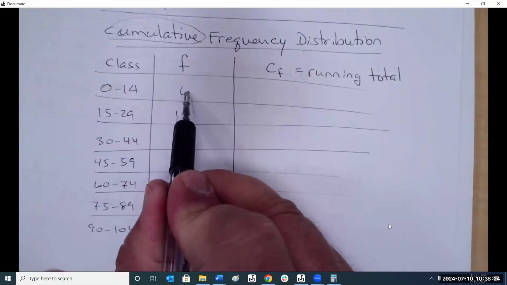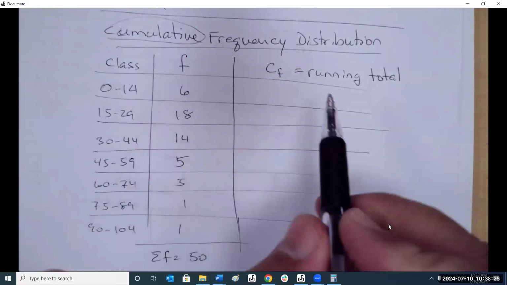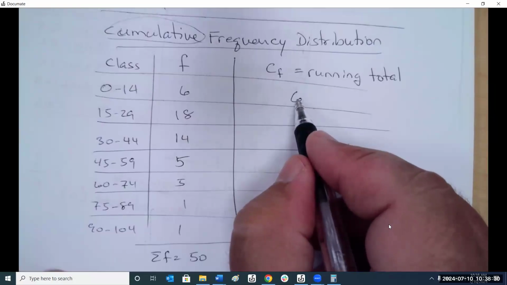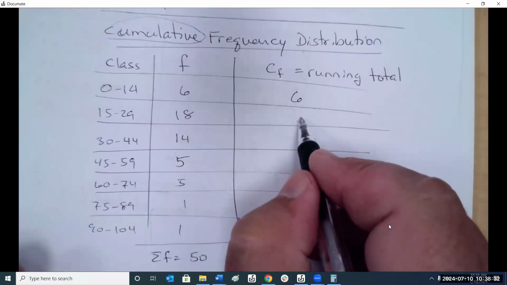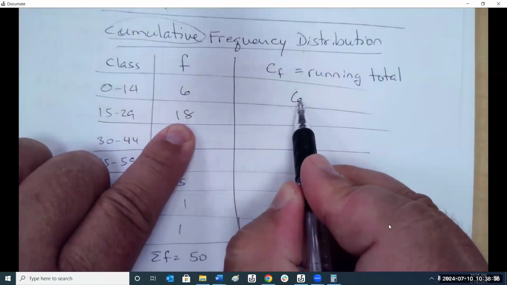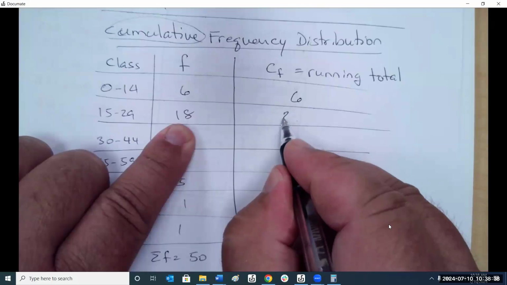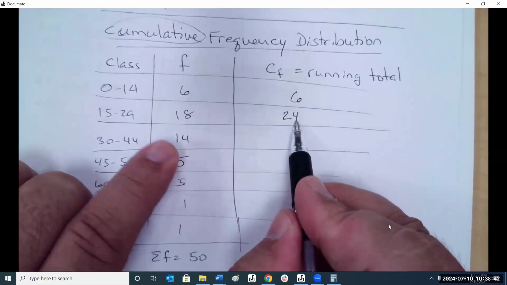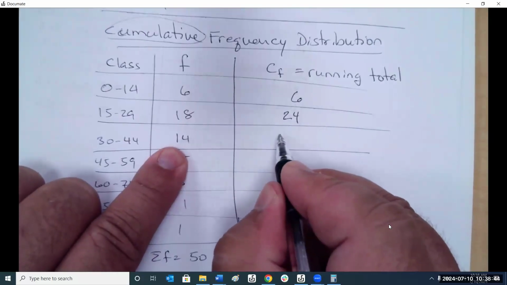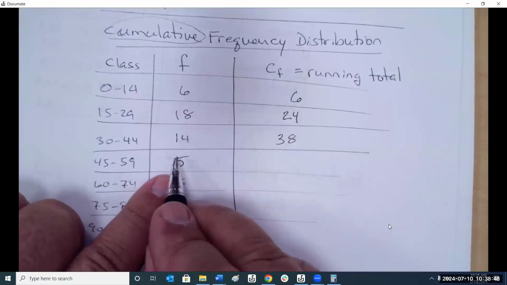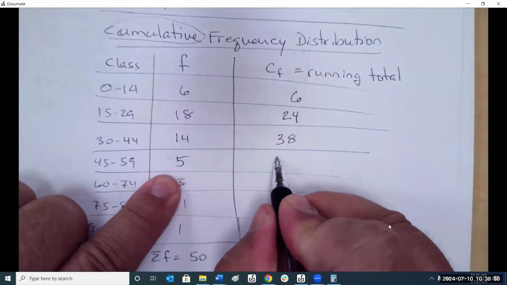So in the first one, we start at 6. Now in the next one, it's a running total. So we have these 6 plus these 18, which is what? That's 24. For the next one, we have these 24 we start off with, and now we had 14 more. We have 38. These 38, we pick up 5 more.